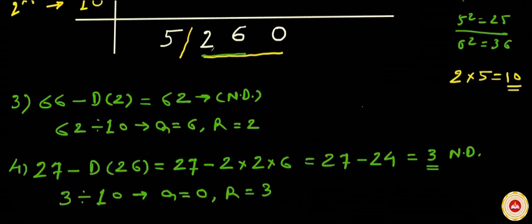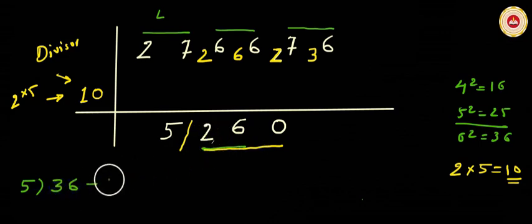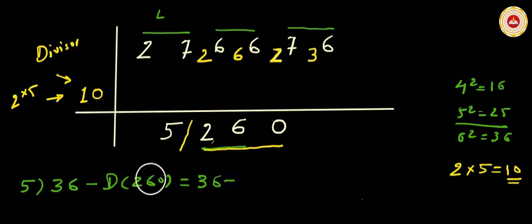Okay, now let me clean it. Step number 5. 36, the gross dividend, minus duplex of 260, which is equal to 36 minus, how to calculate the duplex of 3 digits? 2 times the product of end digits, 2 multiplied by 0, plus middle digit squared, 6 squared, that is 36.